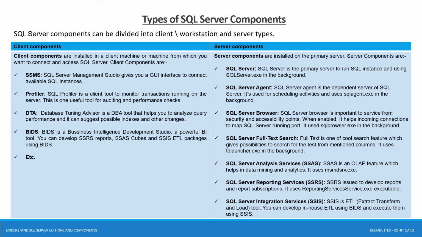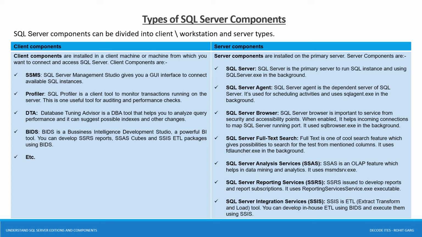Server components are completely installed on the primary server where the SQL engine is running. One is the SQL Service, the primary service in which the SQL Database Engine runs and performs the basic database activities. SQL Server Agent is a dependent service of SQL Server. This is responsible for the scheduling feature.